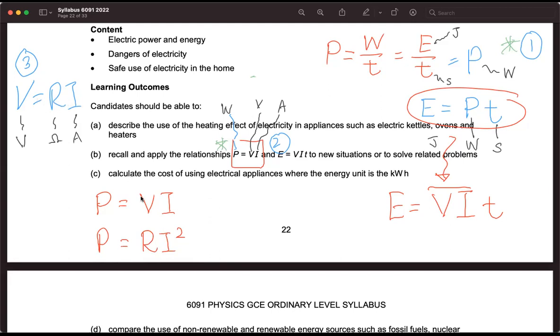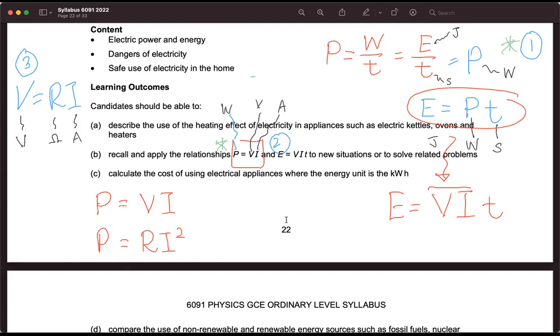So when V is replaced by IR, you get IR times I, you get I squared R. So sometimes in exams, they will not give you the V and the I. They may give you R and I. So you need to be able to quickly use Formula 3, substitute into Formula 2 to give you this formula for you to do the question. Clear so far? These are things that you don't need to memorize, but you can derive yourself quickly.